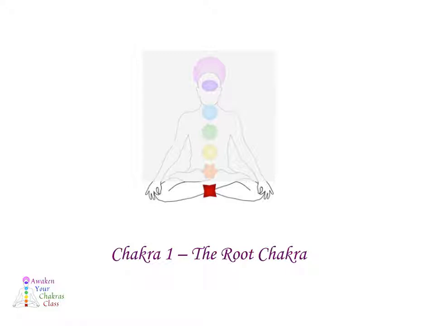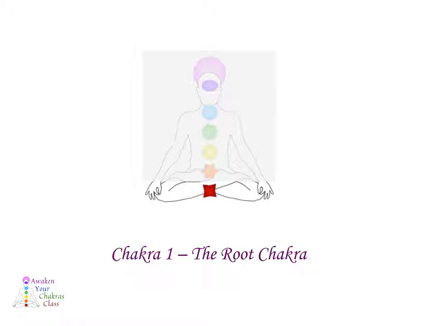So physically, the root chakra covers all of our survival issues. So this is where our survival stuff comes up. I'm sorry, that's the emotional thing. The physical is this part of the body.